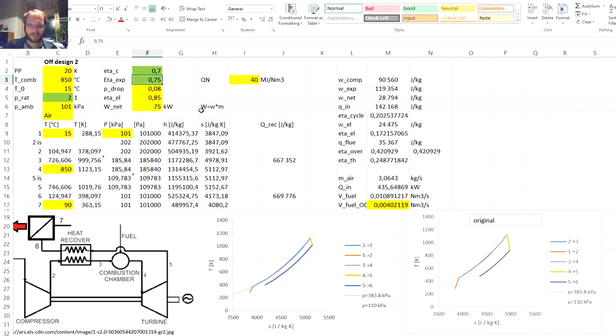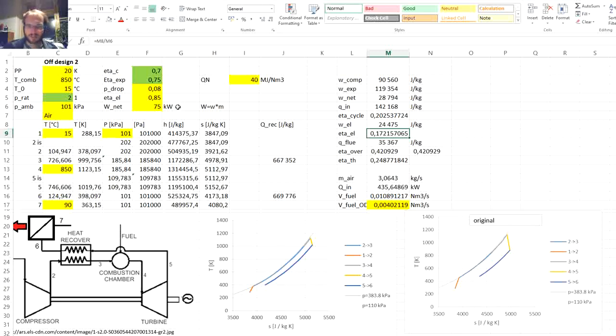So what we can see is that the efficiency of the cycle dropped to 20%, and the net electrical efficiency below that, to 17%. The cycle is much thinner. We can see the lower efficiencies as a larger change in the entropy in the TS diagram.